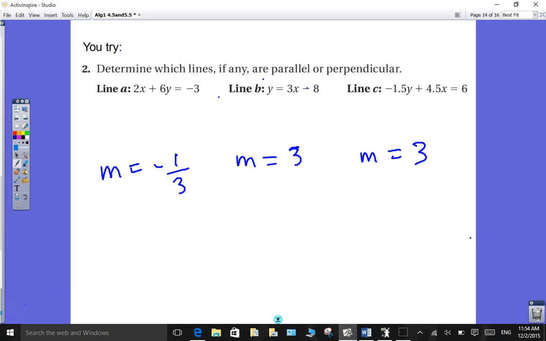So the slopes are negative 1/3, 3, and 3. So which two lines are parallel? These are parallel because they're the same, B and C. And which pairs are perpendicular? You could say A and B or A and C. Do you have a question? Okay. So these are the parallel, and these two are perpendicular.